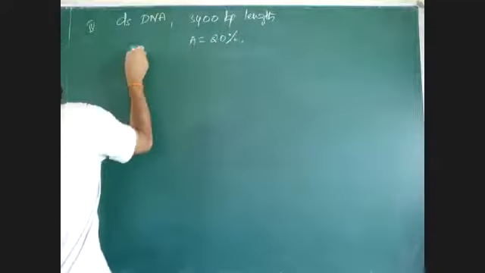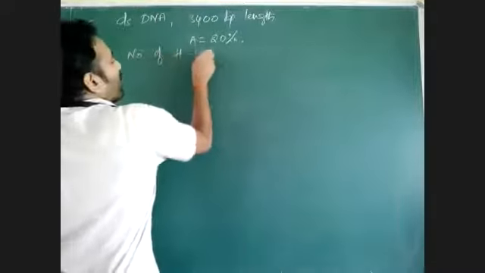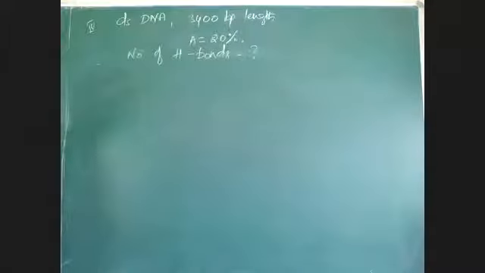Then question is number of hydrogen bonds is equal to what? What is the number of hydrogen bonds in a DNA that has 3,400 base pairs length, not nanometers.